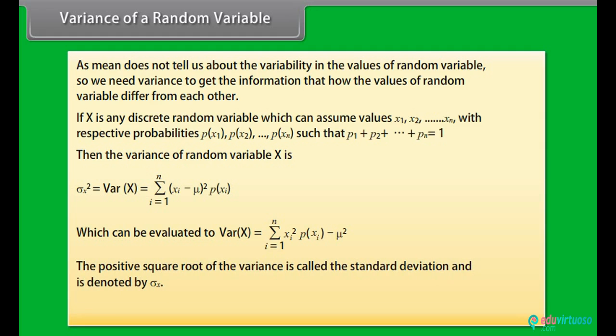The positive square root of the variance is called the standard deviation and is denoted by sigma x. Thus, sigma x is equal to square root of variance.